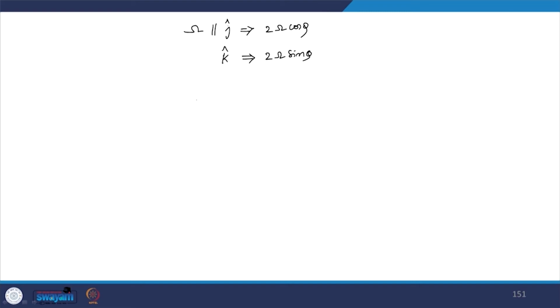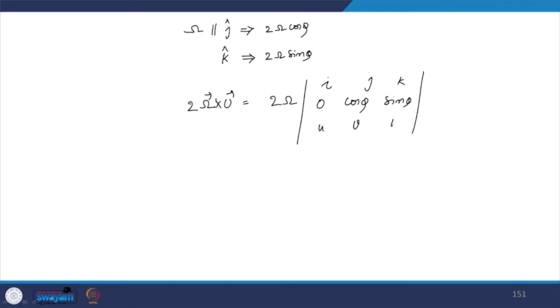So, we can use the cross product and write 2 omega cross u as 2 omega times the determinant of i j k, 0 cos phi sin phi, u v w, right.